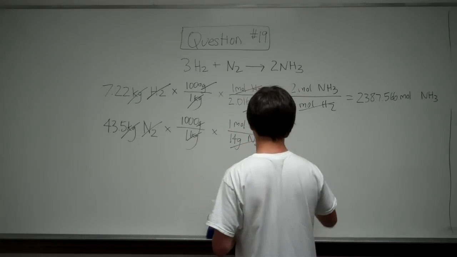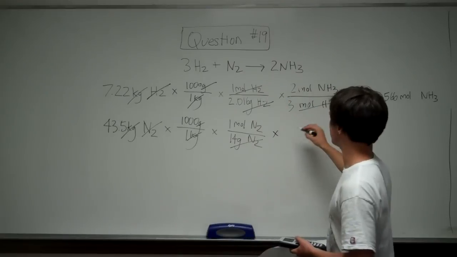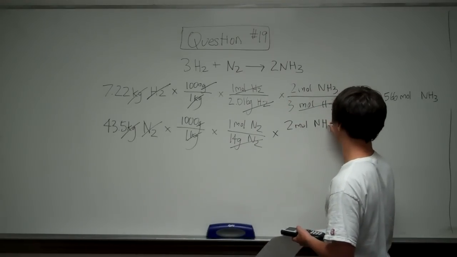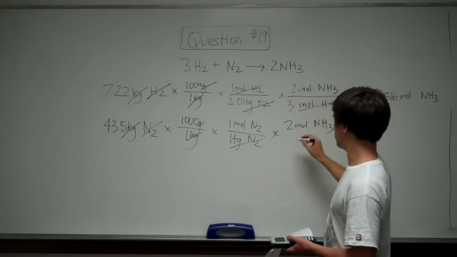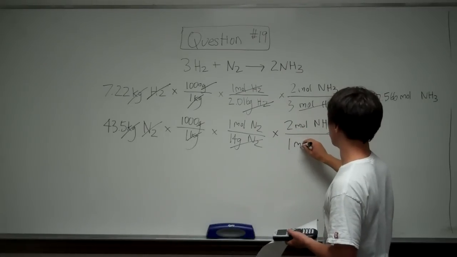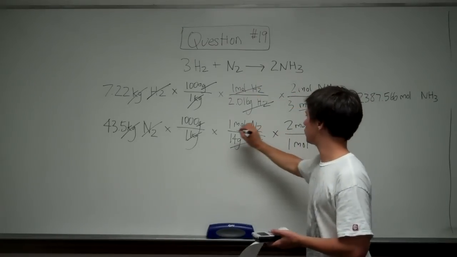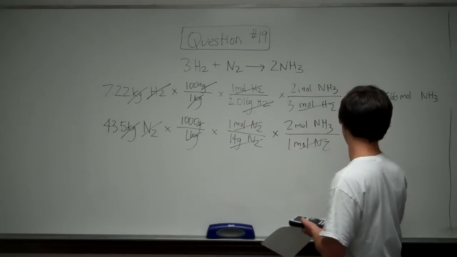Then according to your chemical equation, you get 2 moles of ammonia for every 1 mole of nitrogen, 2 to 1, so the moles of nitrogen cancel.